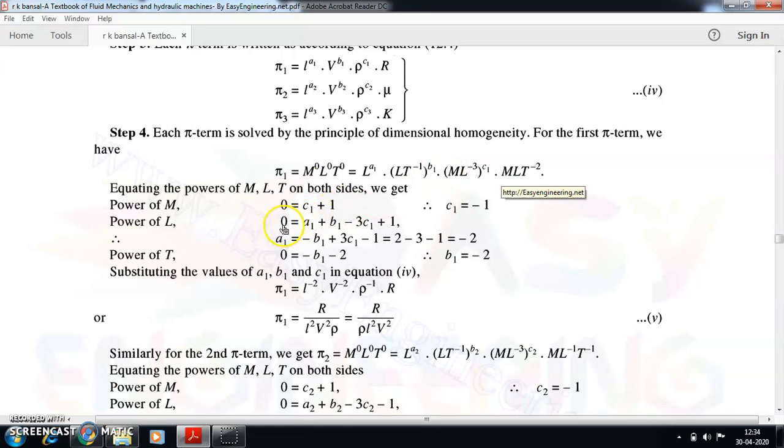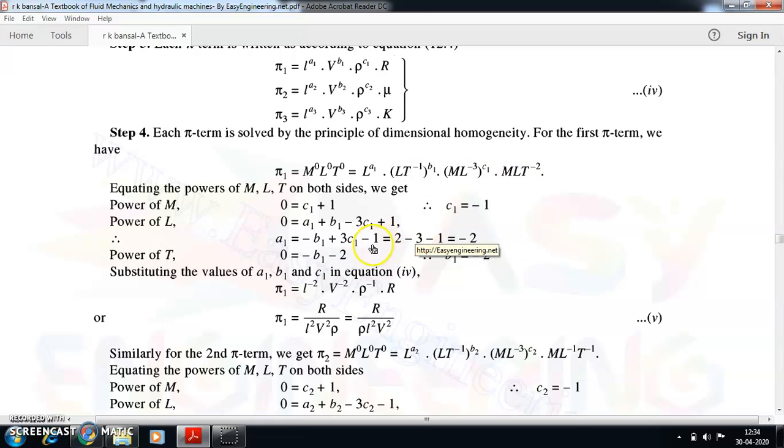Similarly, powers of L: 0, a1, b1, minus 3c1, and 1. I will not get the answer directly here because I want the value of b. So equate the power of T: 0 equals minus b1 minus 2. So I get the value of b1 as minus 2.